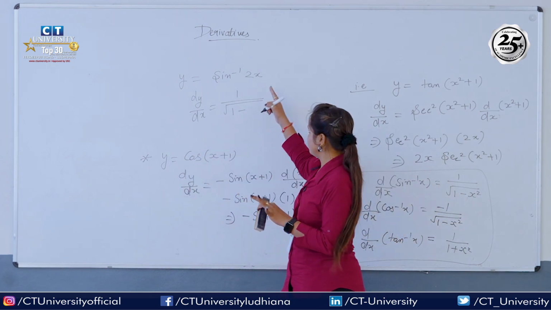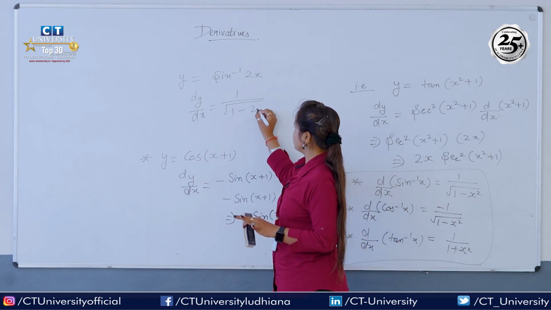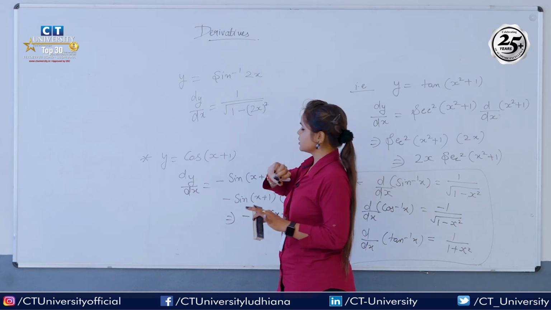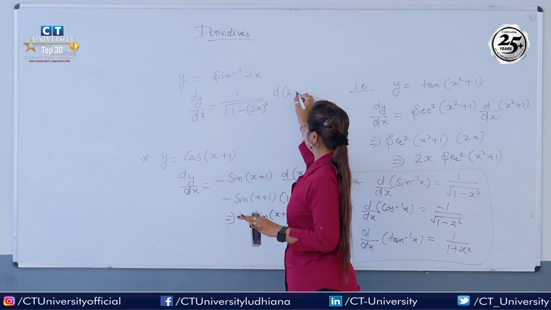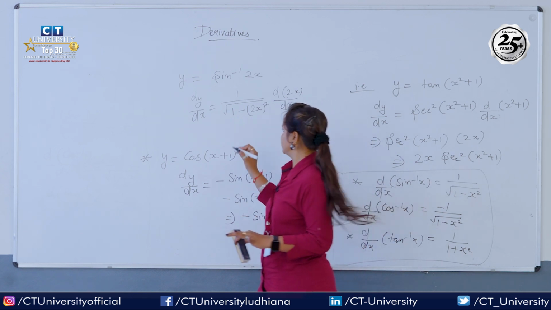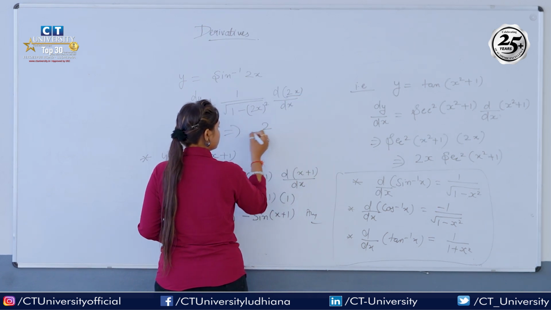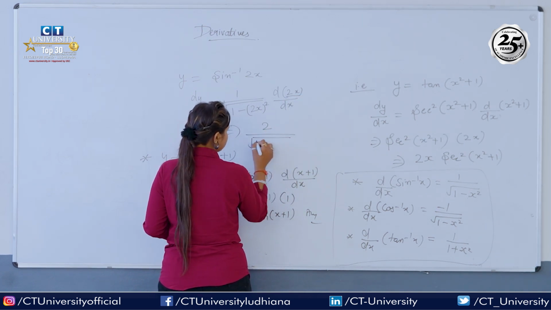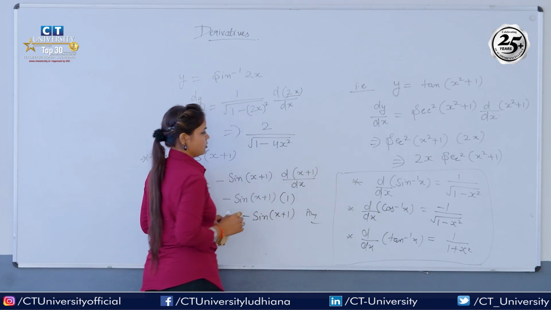Here the angle is 2x, so it becomes 1 over √(1 − (2x)²), and also the derivative of 2x with respect to x, which is 2, giving 2 over √(1 − 4x²).